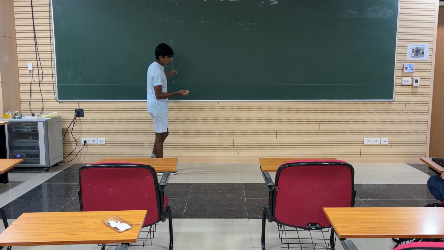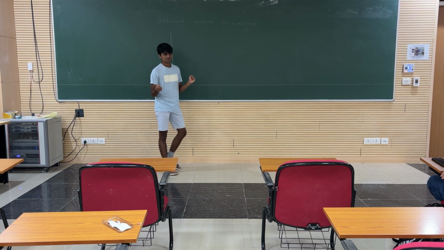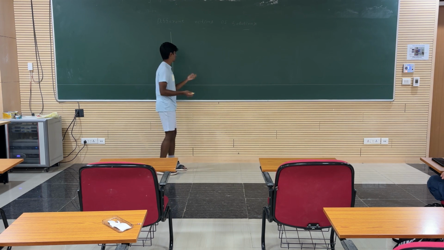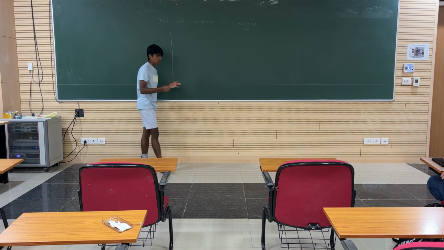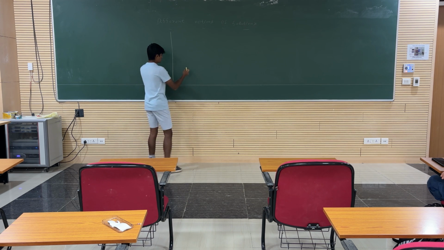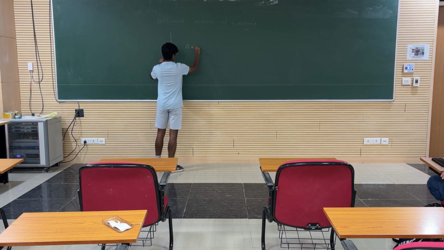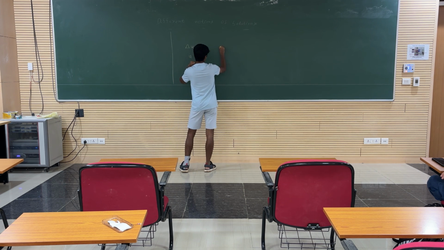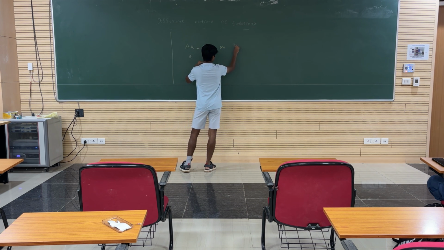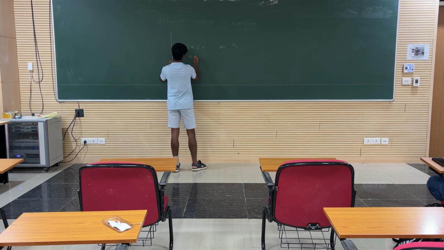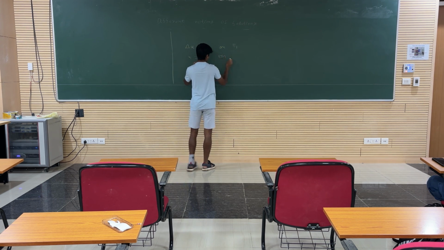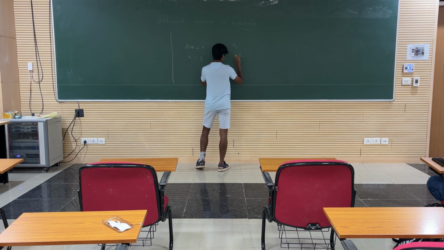And there is this guy called Perron. So what he observed was, so this was the question. I have the Laplacian of u equal to f on B1, and u equals g on the B1 complement.